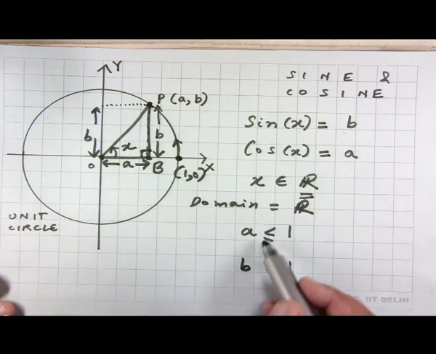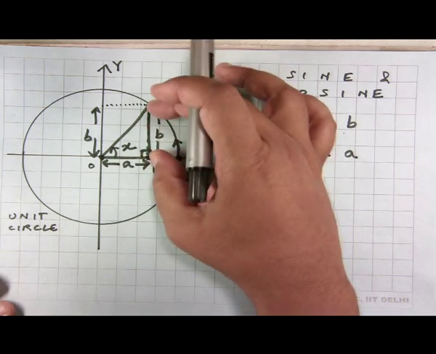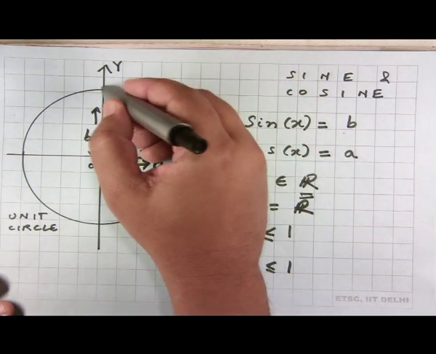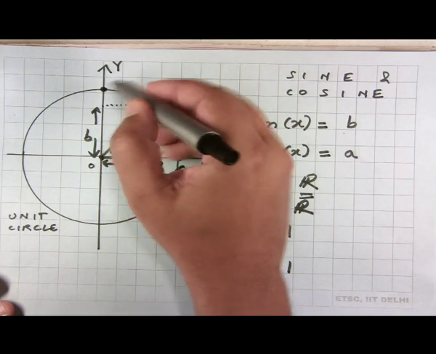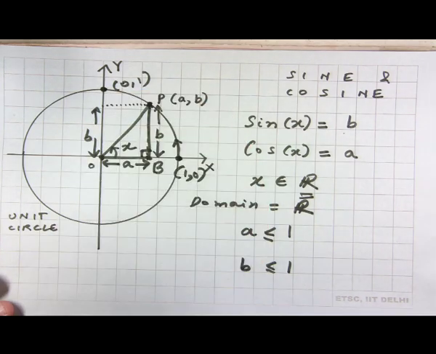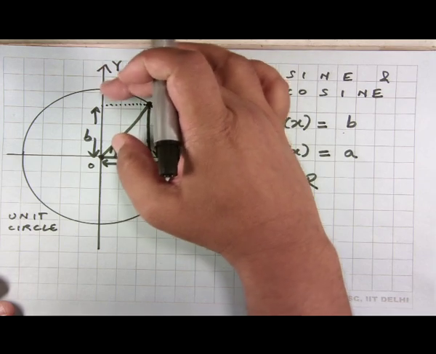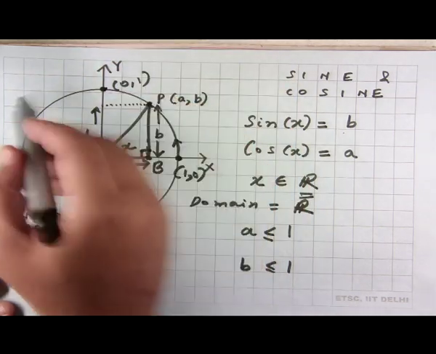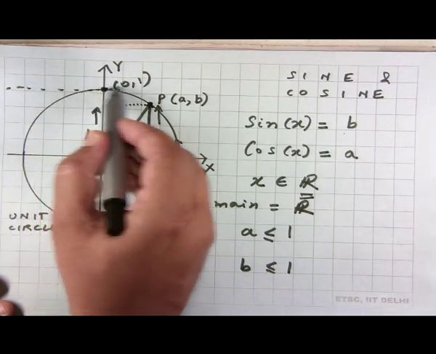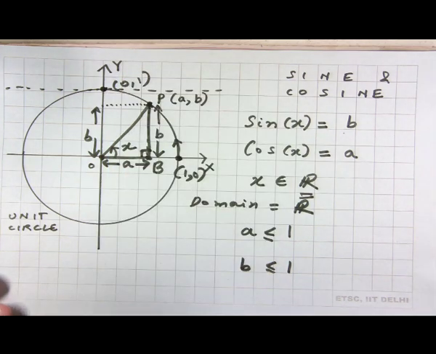Similarly, the y coordinate cannot exceed this point, which is 0, 1. No point will be above this line. Therefore, b has to be less than or equal to 1.